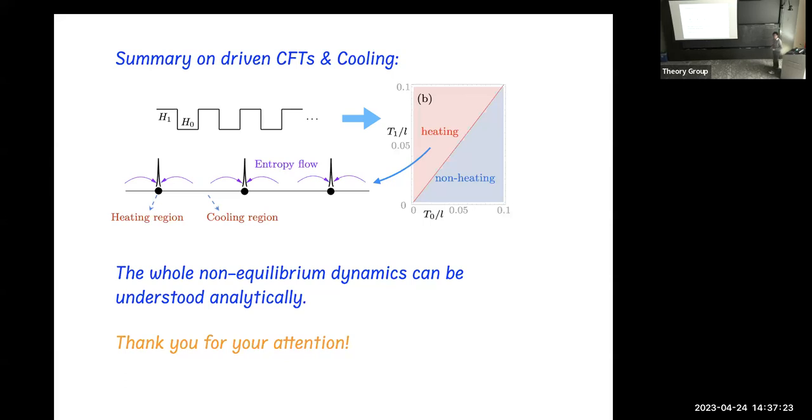I think if you just use the SL2R in higher dimensions, you could also solve it exactly, maybe. The point is, as long as you only use SL2R, the interesting phase diagram will also appear. But I don't know how to solve it. We can talk after this.